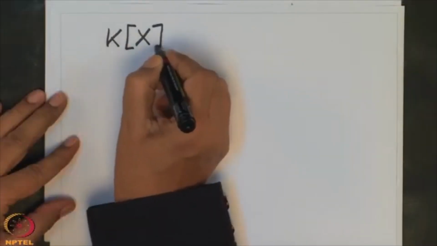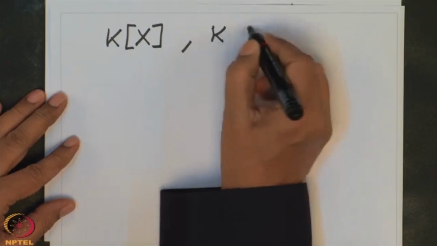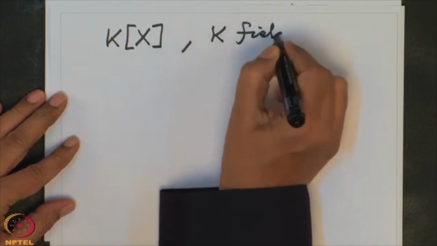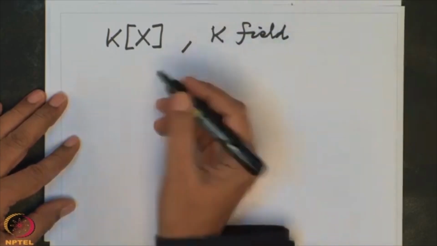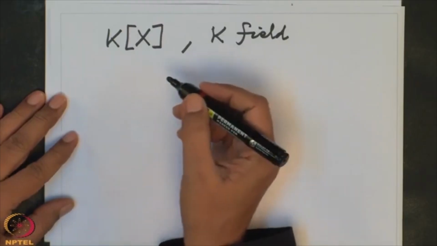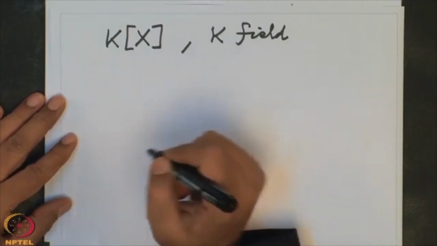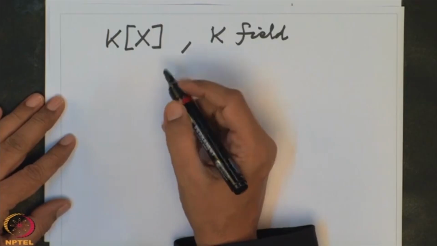So for example, let us take our concrete example, this is my ring now, K[x], where K is a field. This is our main interest in this course. K is an arbitrary field, may not be finite, may not be Q, may not be R, maybe C, or any arbitrary field.